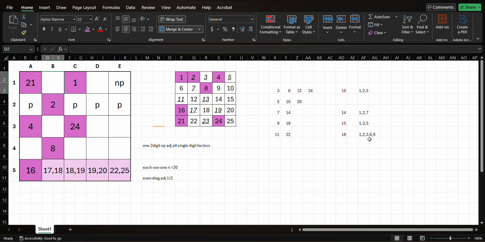18, I think it's probably not going to work. We'd have to have a 1, which we have, a 2, a 3 would work, a 6 won't because there can't be a 6 adjacent, and a 9. Now, could we put this 18 in this spot? No, because it wouldn't be adjacent to a 2, so that can't be the number.